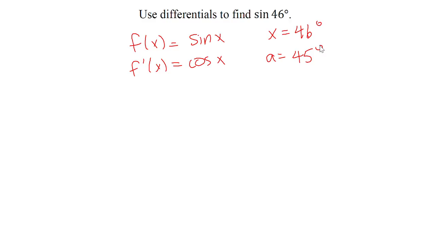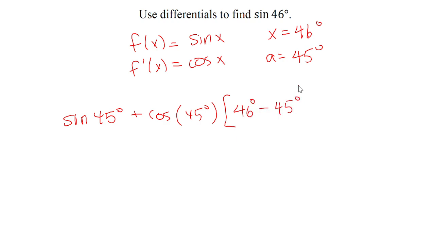So we should end up with f of a, so sine of 45 degrees, plus the cosine of 45 degrees times x minus a, which is 46 degrees minus 45 degrees.